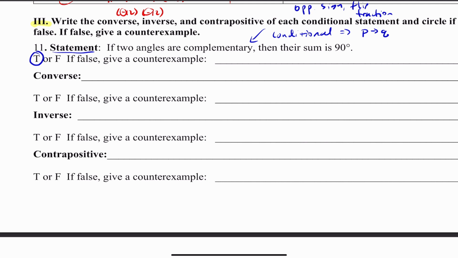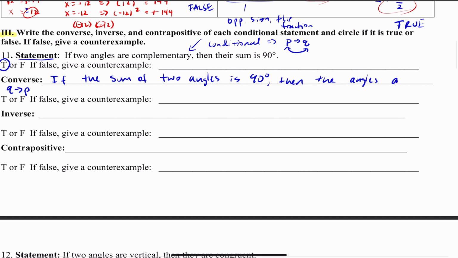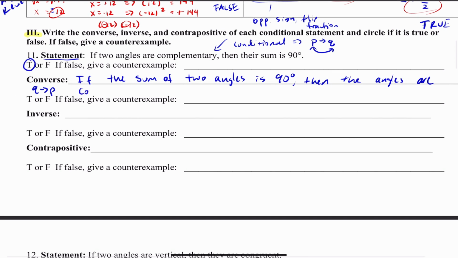The converse, remember, it's these two switch, so it's if Q, then P. Okay, so I would say if the sum of two angles is 90 degrees, then the angles are complementary.